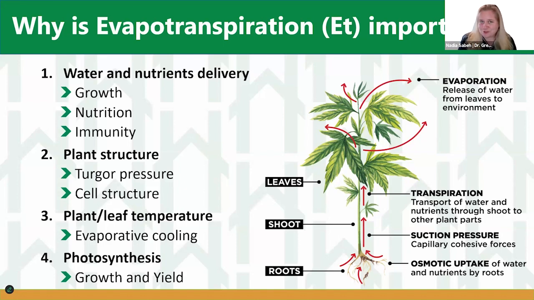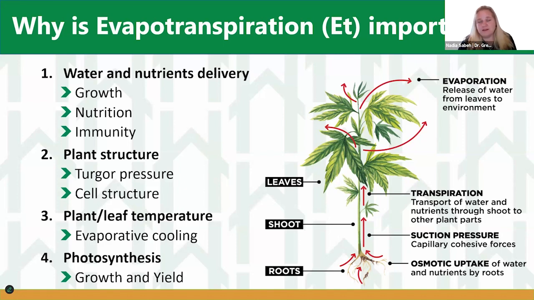Another very interesting purpose for evapotranspiration is that for non-woody plants, it actually helps to hold the plant upright. The turgor pressure that gets created as one water molecule pulls the next water molecule behind it creates a pressure within the plant that holds it upright.